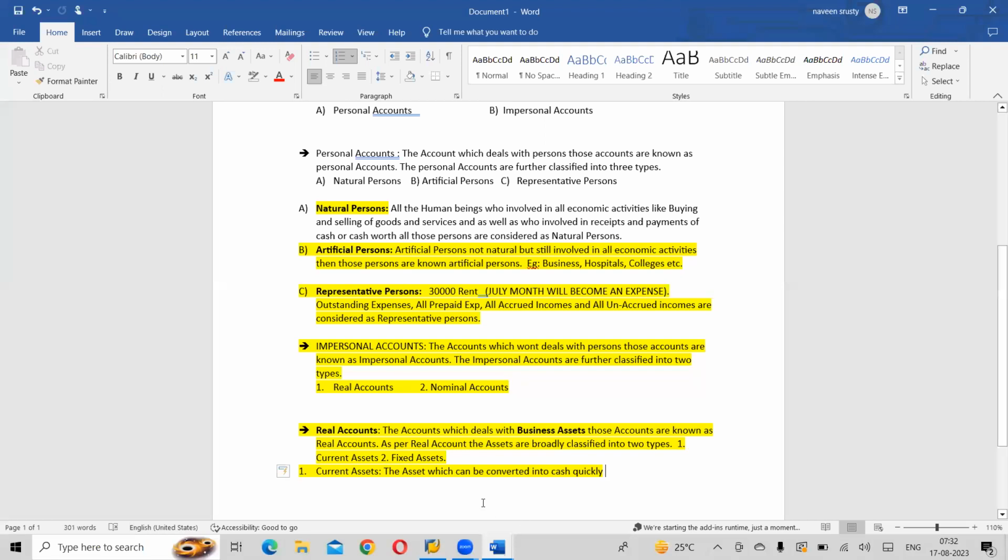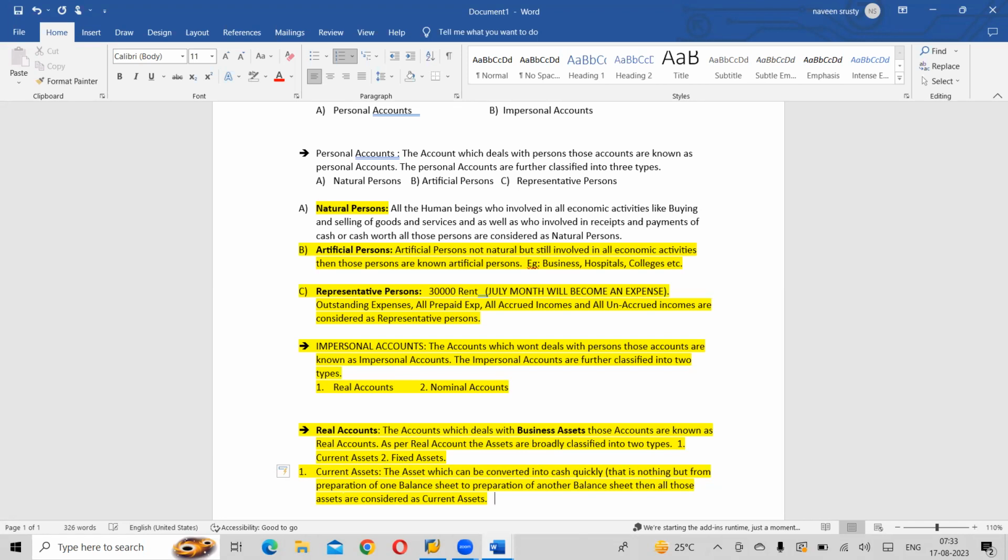Current assets are the assets which can be converted into cash from the preparation of one balance sheet to the preparation of another balance sheet. Then all those assets are considered current assets.